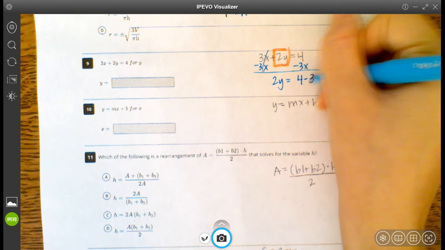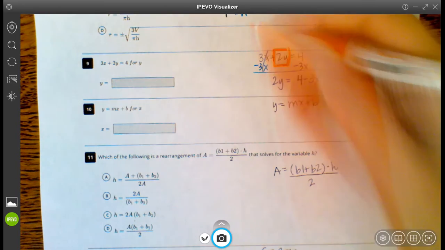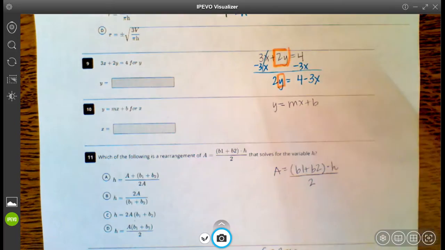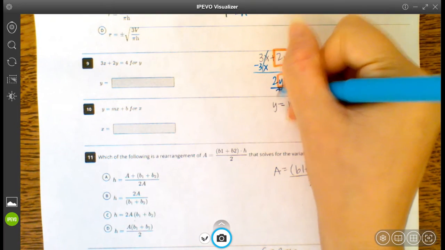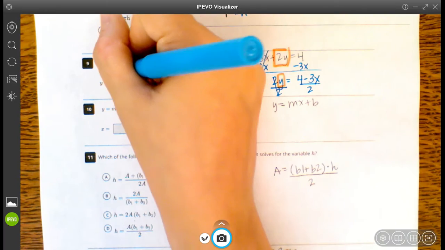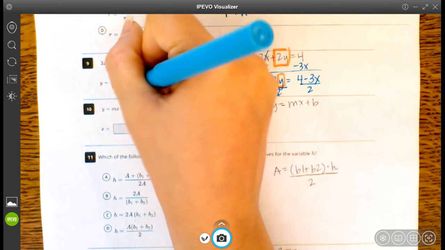So 4 minus 3x on the right side. Now, to get y completely by himself, we need to undo the 2 in front of the y. So that means we need to not multiply, but bingo, divide it. So we should have a final answer of 4 minus 3x, all divided by a 2.